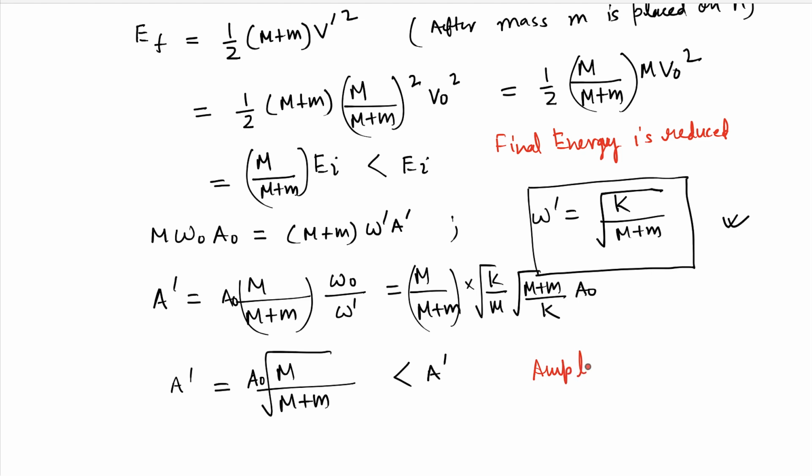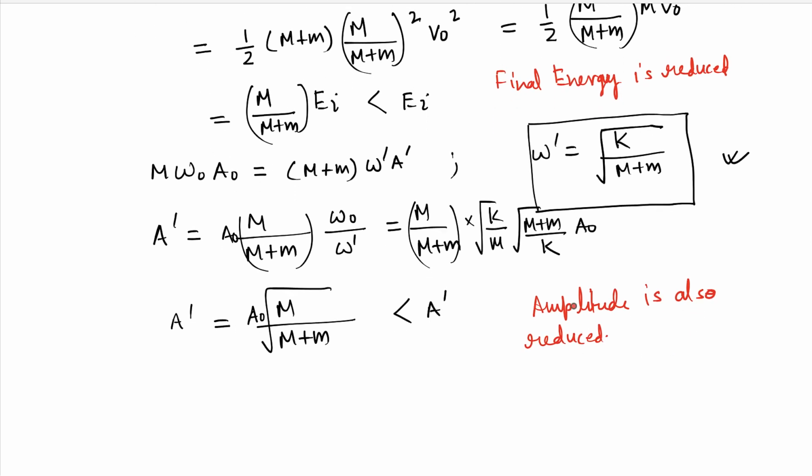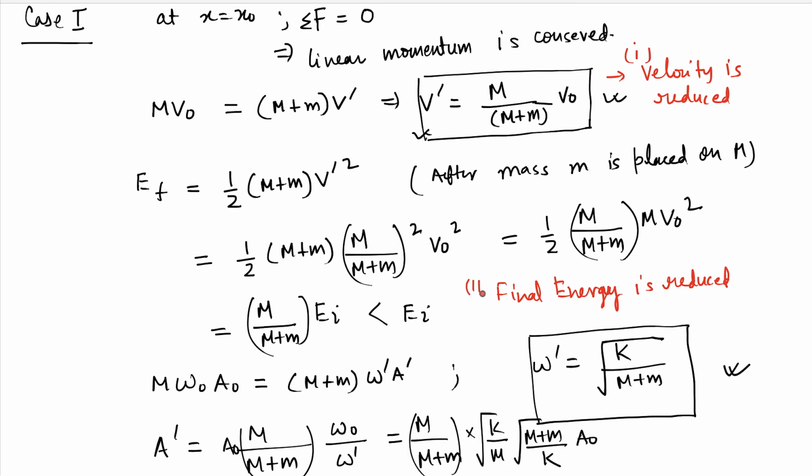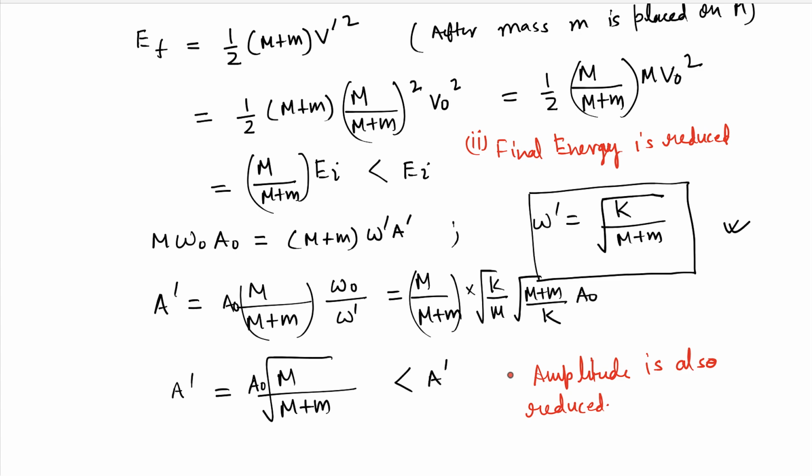Amplitude is also reduced. Okay, so we know three things happen: velocity is reduced, energy is reduced, and amplitude is also reduced in case 1, right?